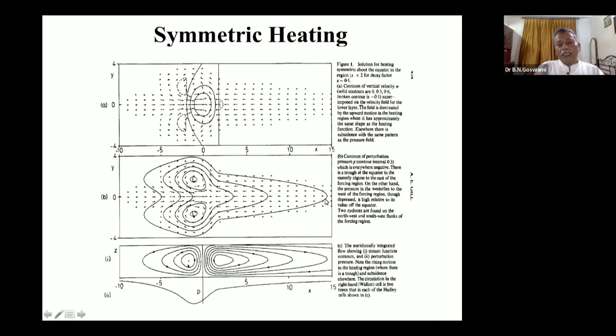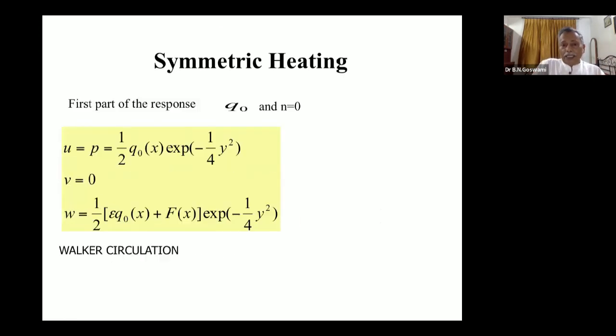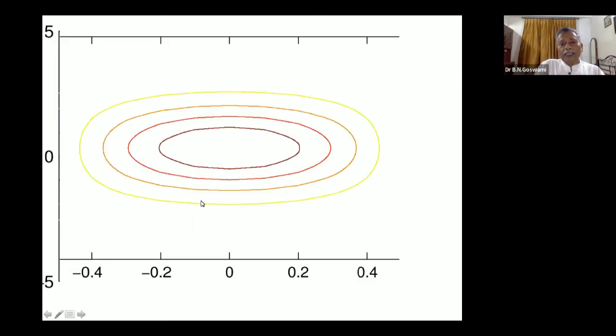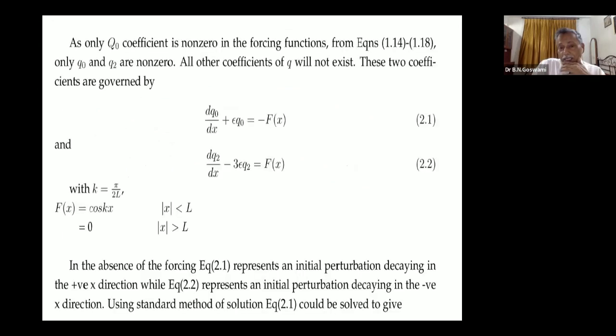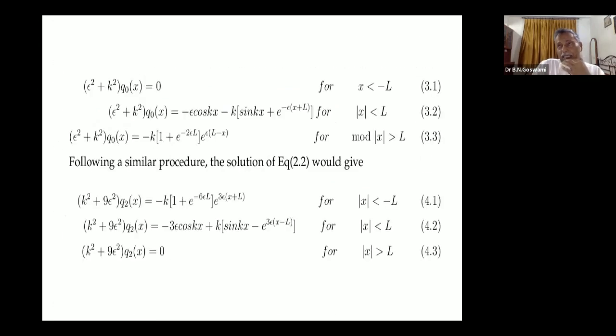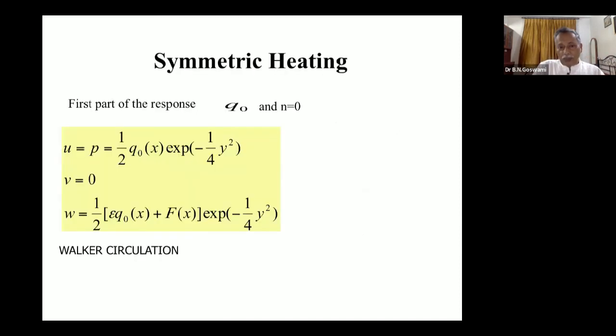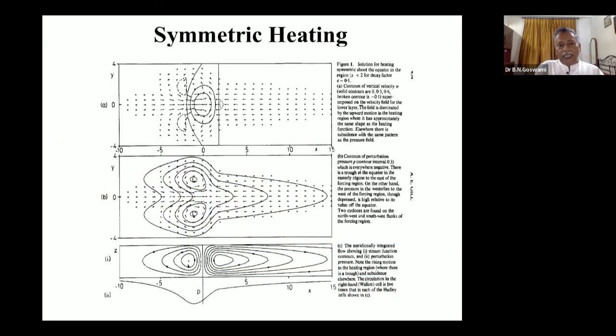Matsuno had taken a periodic solution; now instead of that, I have this localized one. And this response has to come from the Kelvin wave response and the Rossby wave response, and that gives me a structure similar to that.